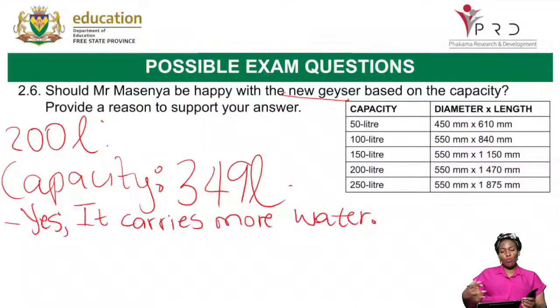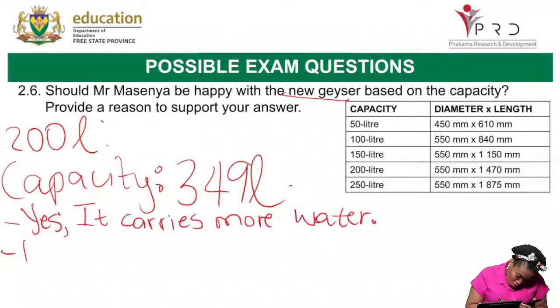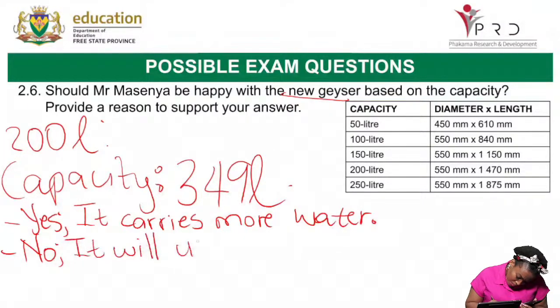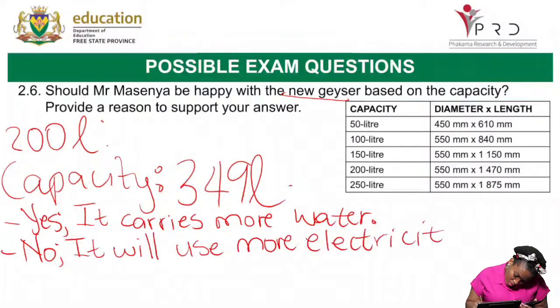So it means if there's more water, it will take longer to warm up, meaning that it will use more electricity to warm up the water, which is another cost.